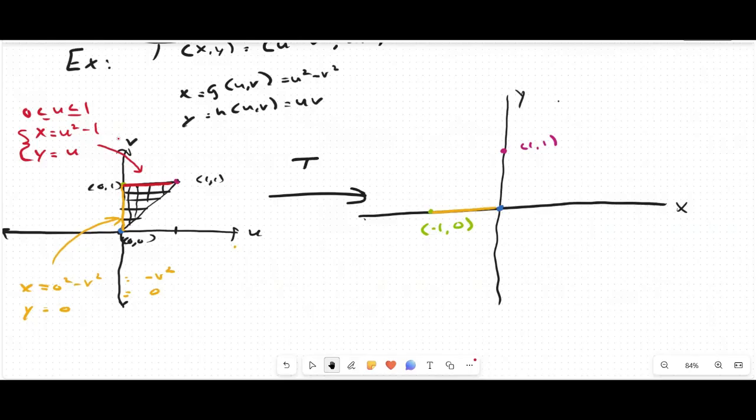What does that look like? I'm going to write it this way: if x equals y squared minus 1, we're seeing a parabola. Actually, that was pretty good, I guess.